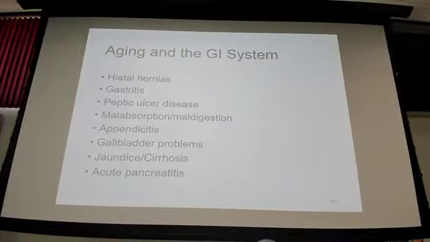Let's see what else. Hiatal hernias are more common. Worn out diaphragm, man, just bust right through there. All right. Gastritis, just inflammation, and peptic ulcer disease, right? Specifically gastric ulcers. There are 2 different delineations of peptic ulcers, either in the duodenum or the stomach, gastric ulcers.